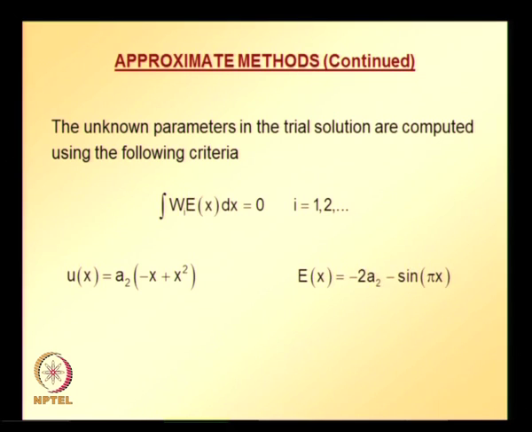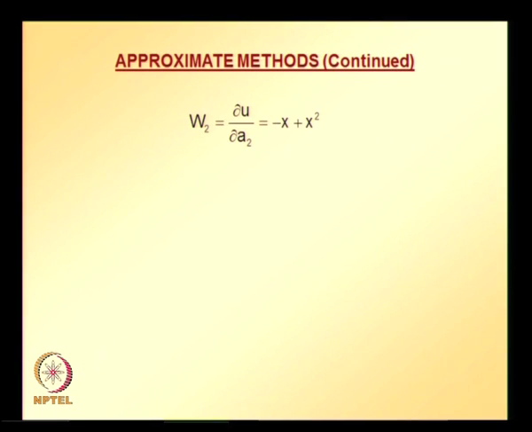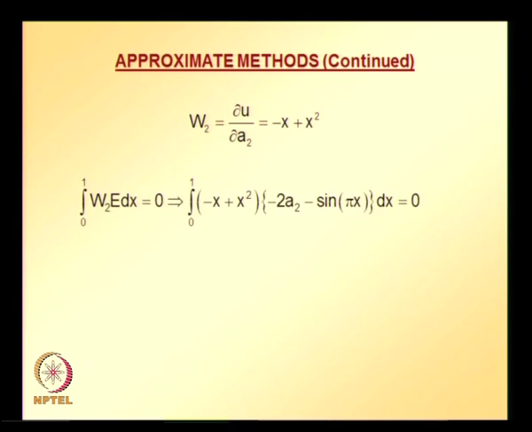And once we have the admissible trial solution, we can find the weight function. For Galerkin method, the weight function for this particular problem is the partial derivative of u with respect to a2, which gives minus x plus x square. So, once we have this weight function, we can evaluate this integral, that is, integral 0 to 1 of w2 times the residual is equal to 0.